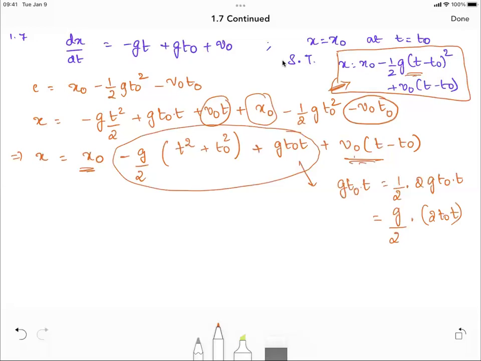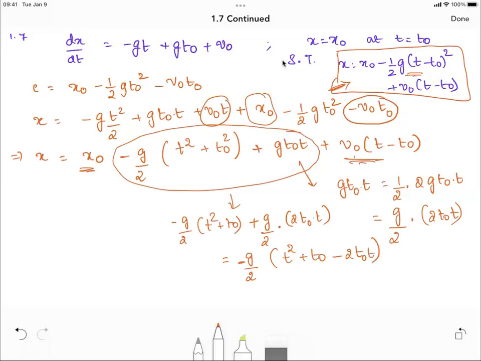Then this term can be written as negative g over 2 times t squared plus t0 squared, plus g over 2 times 2 t0 t. Taking the negative g over 2 common, I have t squared plus t0 squared minus 2 t0 t.